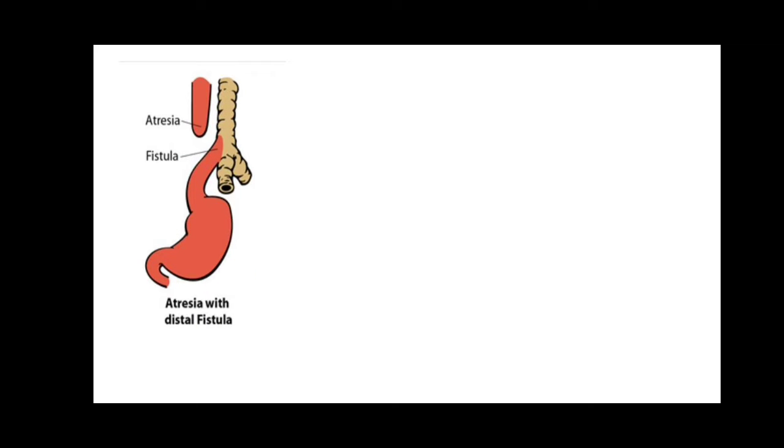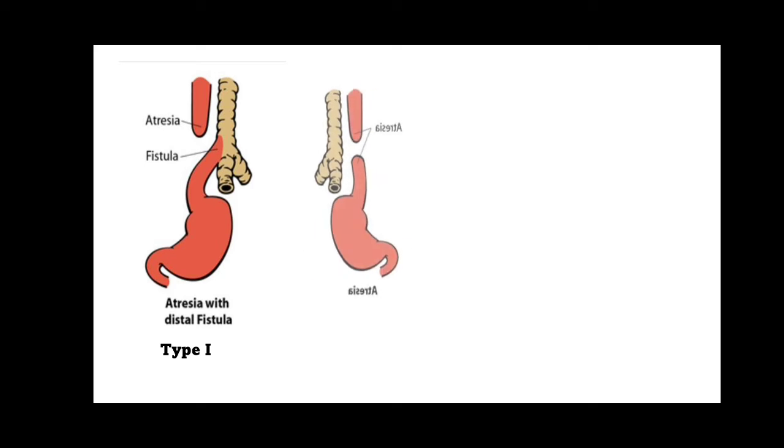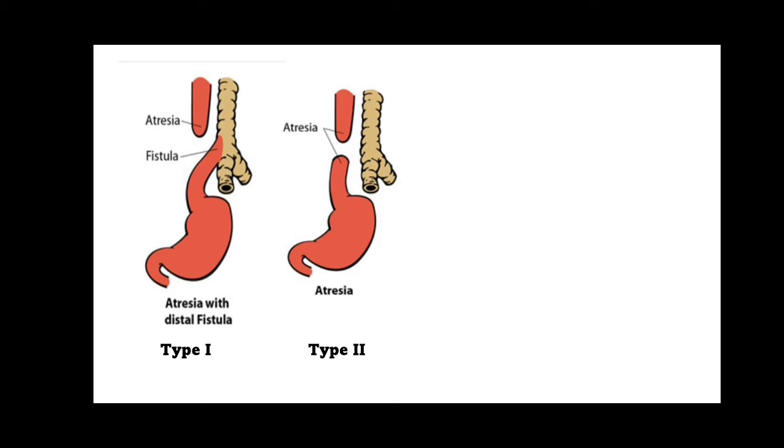We are going to discuss the classification of the congenital anomalies of the esophagus. It is categorized into four types. Type 1, atresia with the distal fistula. Type 2, purely esophageal atresia.